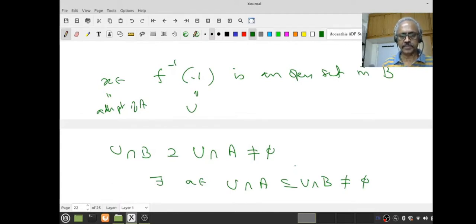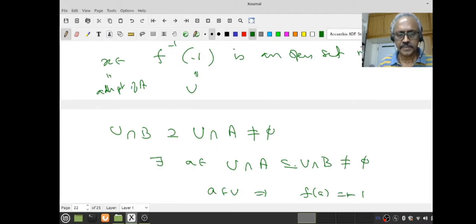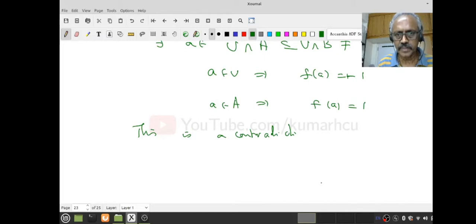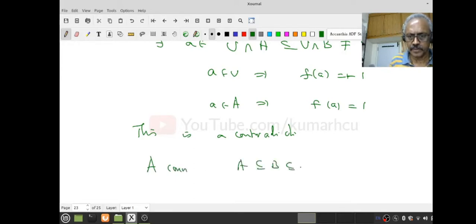Therefore U intersection A must be not empty. Therefore there exists an a in U as well as a in A. Since a is in U, f of a is minus 1, a is in A, f of a is plus 1. That's a contradiction. Therefore we have shown that if A is connected and A is a subset of B which is a subset of A closure, then B is connected.